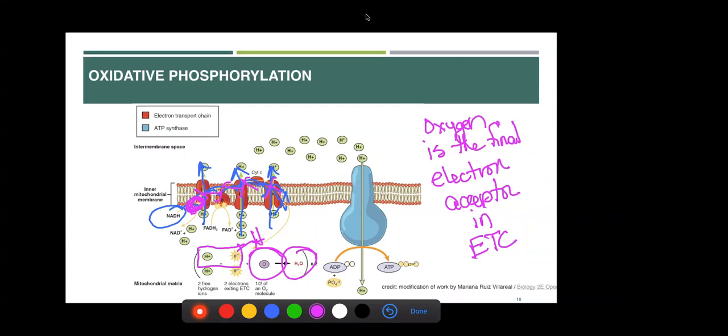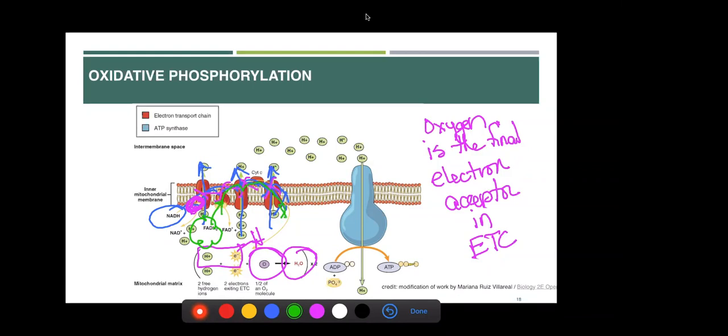Now, remember in the Krebs cycle, I said we had a different flavor or different color taxicab. That different color or flavor taxicab is FADH2. It also picked up electrons in the Krebs cycle. It has a different drop-off location. It's going to drop off here, but it's going to do the same thing. It's going to drop off the electron, pump, pump, and then that electron is going to go back onto oxygen.